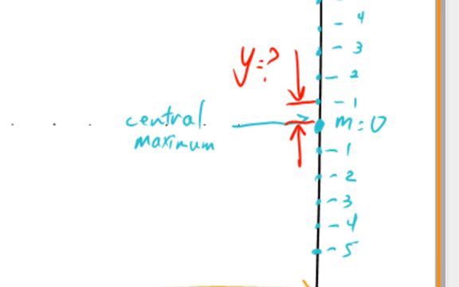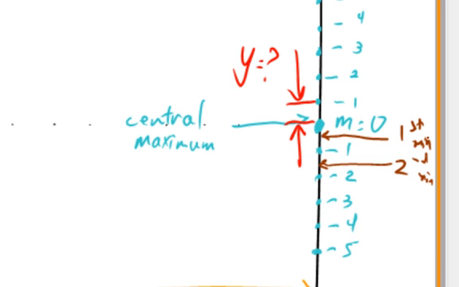So if I'm going to count down from the central maximum, the first dark fringe is between the central maximum and the first bright fringe. The second dark fringe is between the first bright fringe and the second bright fringe. So this is the first min, and the second min is going to be there.